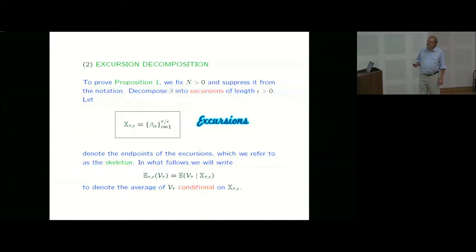And what I'm going to do is pick an epsilon positive, which we think of as something small, and that will later go to 0. And we're going to just look at our Brownian motion at the multiples of time epsilon, and I'm just recording what these endpoints are.